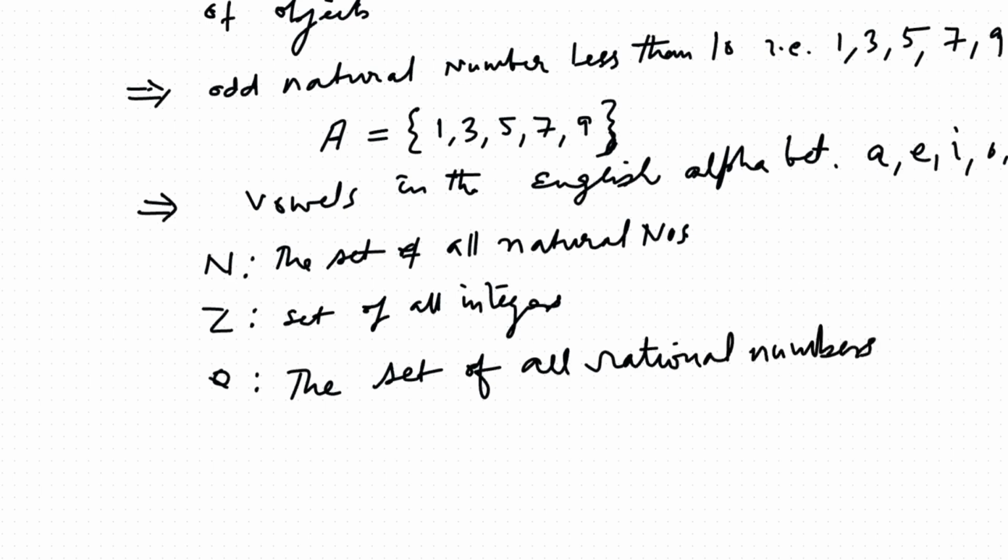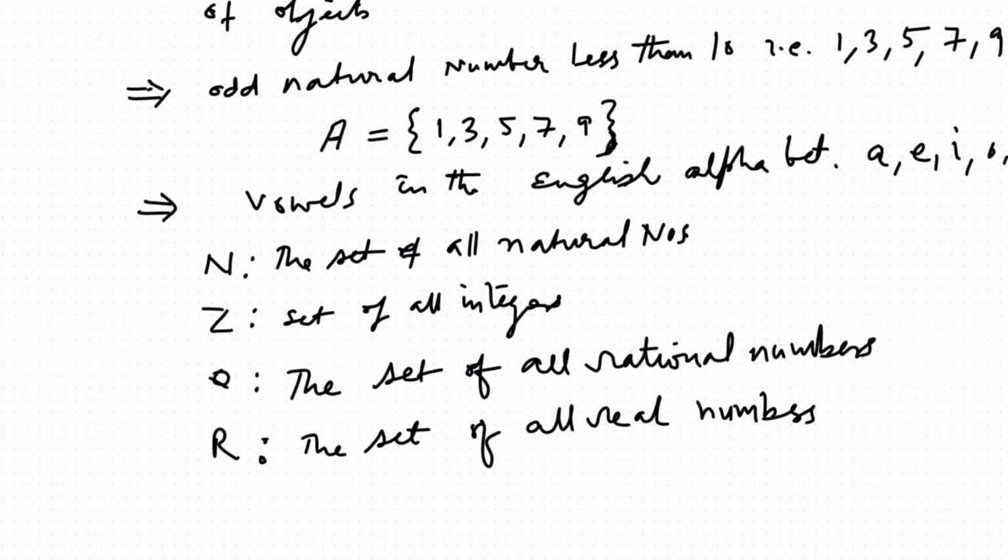After Q, capital R represents the set of all real numbers. Similarly, the symbols written like Z plus, Q plus, R plus represent, respectively, the set of positive integers, the set of positive rational numbers, and the set of positive real numbers.